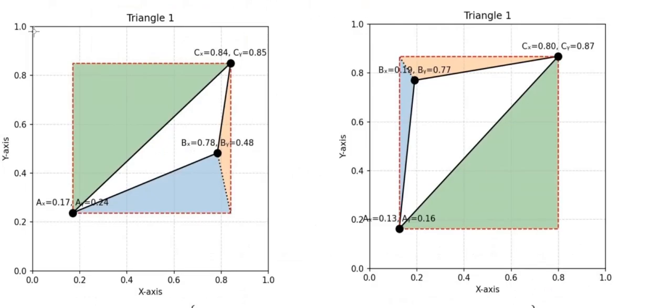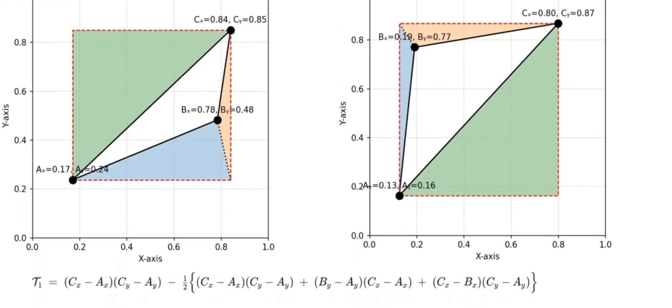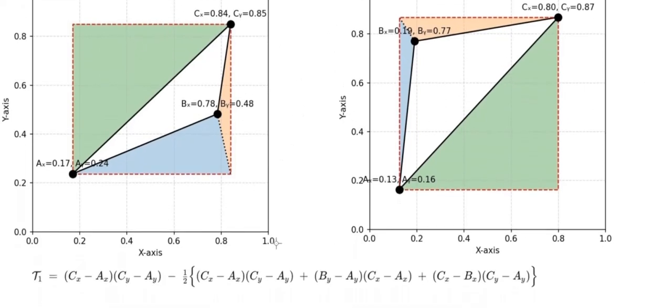Unfortunately, with triangle 2, triangle 1, we've named it, but we run into an issue here. These look different, and you can see the big box is the same. CY minus AY, CX minus AX. But these other areas are different. So this is correct for this one.